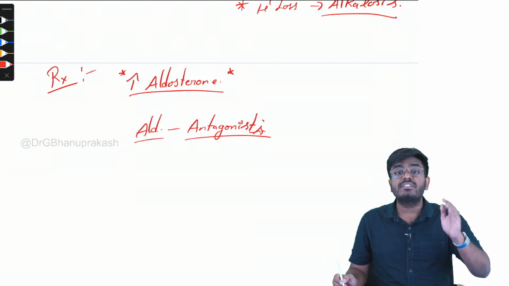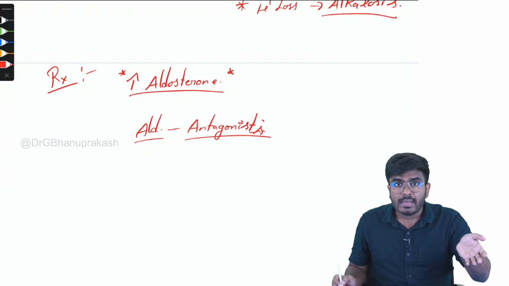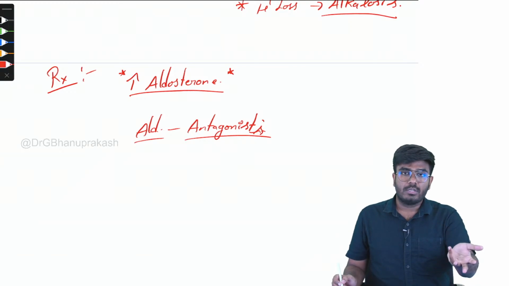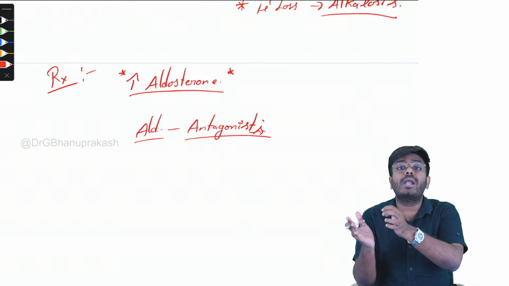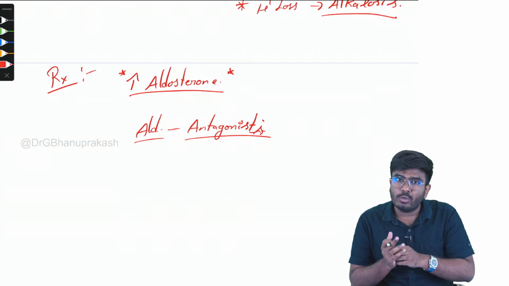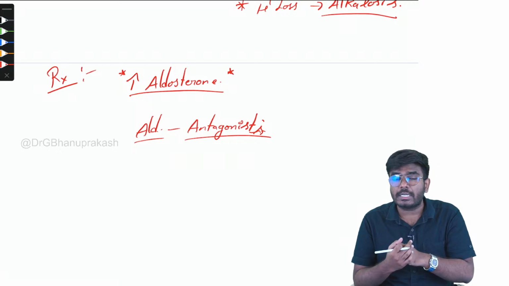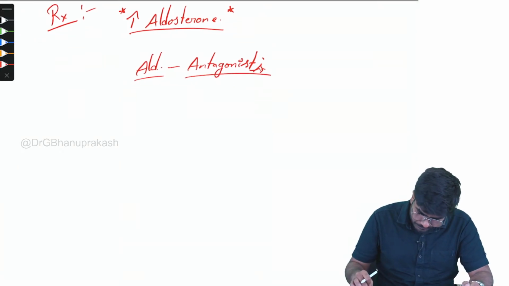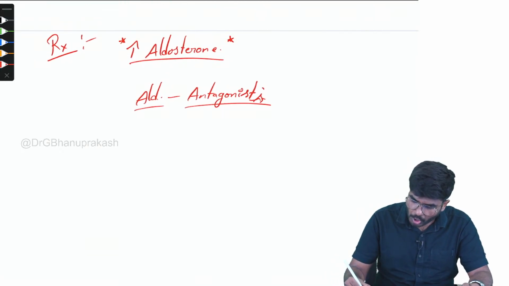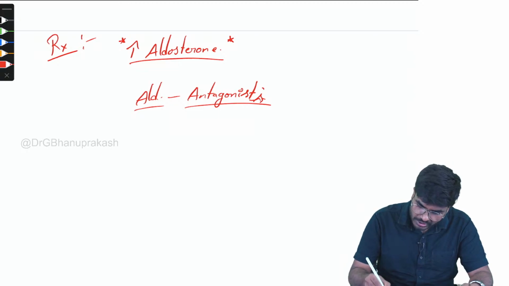There are drugs which will go and inhibit the aldosterone receptors. So aldosterone is there, but it cannot bind with the receptors. Can you name me any aldosterone antagonist drug which is used in the treatment of Conn syndrome? Aldosterone receptor blockers or aldosterone antagonists.